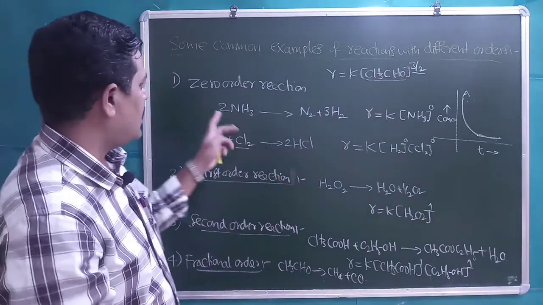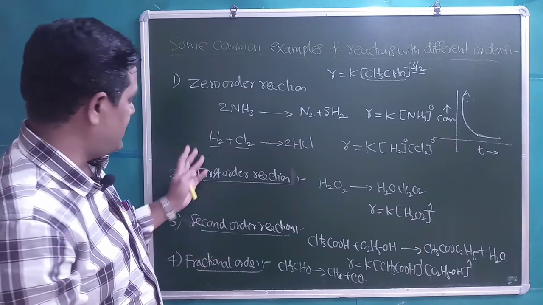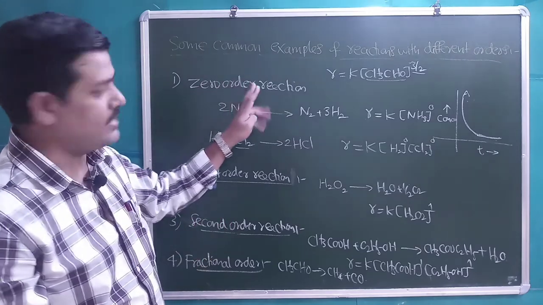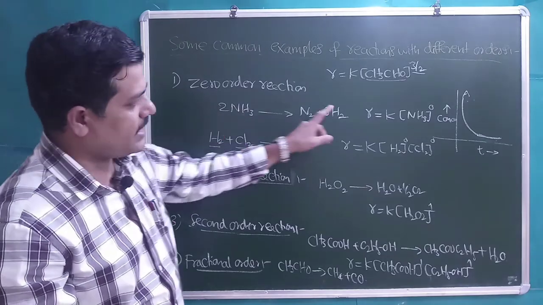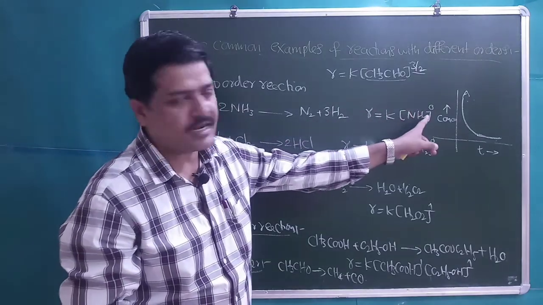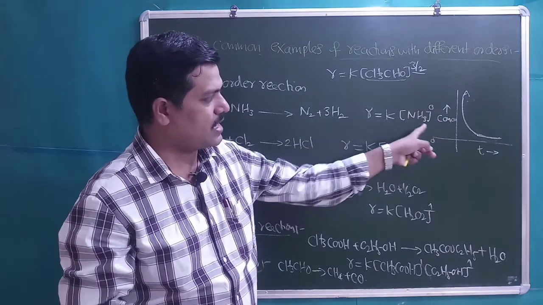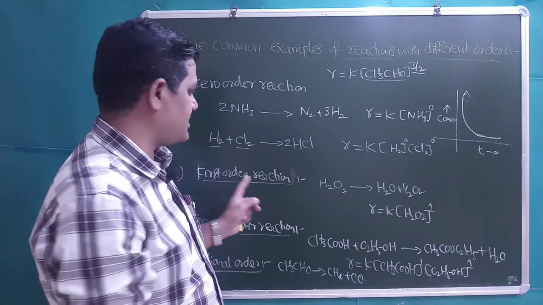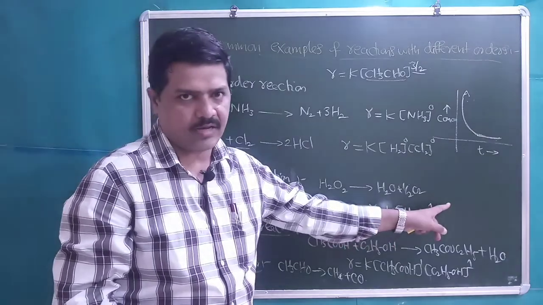So students, order can be negative, order can be a fractional value, order can be an integer value, order can be 0 also. Zero order, we have seen 2 examples. In this, the rate is independent of the concentration of the reactants. Concentration power 0 we are getting in the rate law expression. If it is first order, R is equal to K into concentration of the reactant power 1.